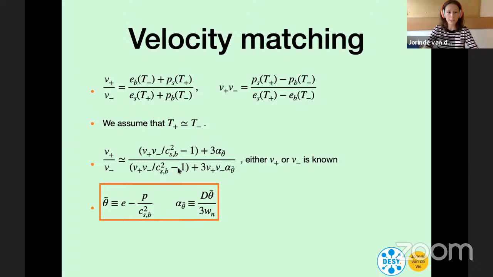After making this approximation, the matching equations actually only depend on the speed of sound in the broken phase and some newly defined phase transition strength. This phase transition strength is very similar to the one based on the trace of the energy momentum tensor, but we have defined something that we call the pseudo trace, in which this is not a factor of 3, but the sound speed squared. And this matching equation can easily be solved for v+ or v−, because typically the other one is known.